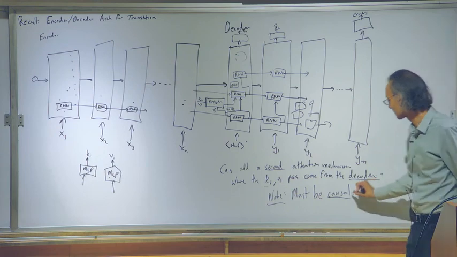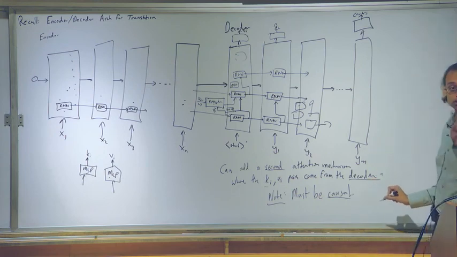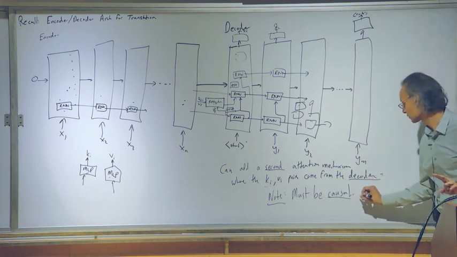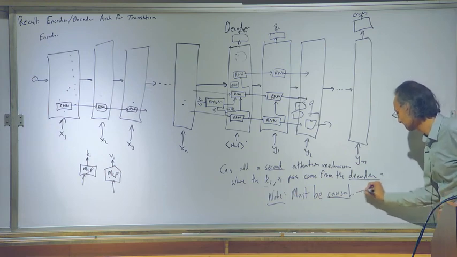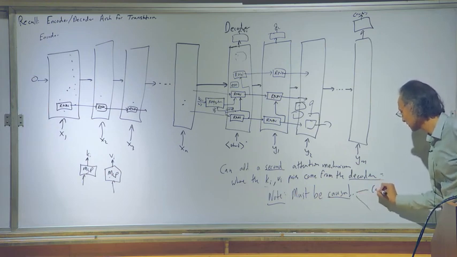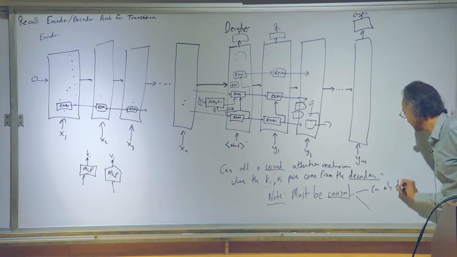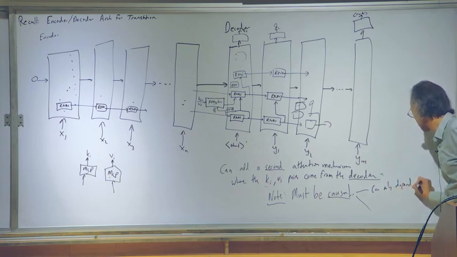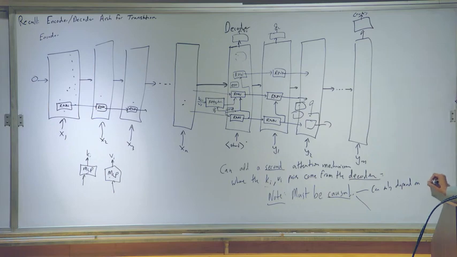One subtle point. Must be causal. So it has to be causal in two ways. Okay? So causal: can only depend on previous and current time steps for decoding.